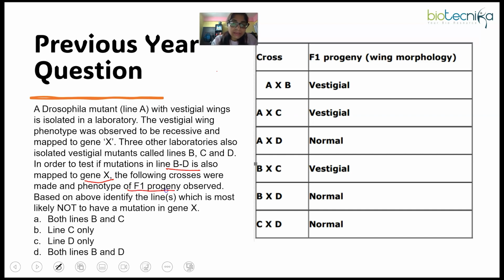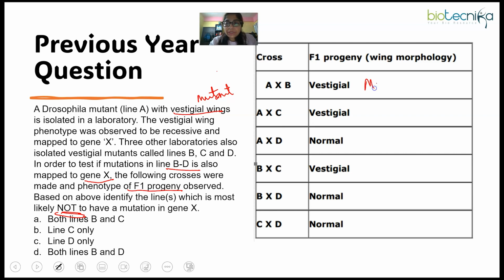See again what we are doing. Vestigial wing is the mutant phenotype. So mutants A, B, C, D are getting crossed and the phenotype of the F1 generation is noted. Based on the above, identify the line which is most likely not to have the mutation in gene X. In the same way we will do it.